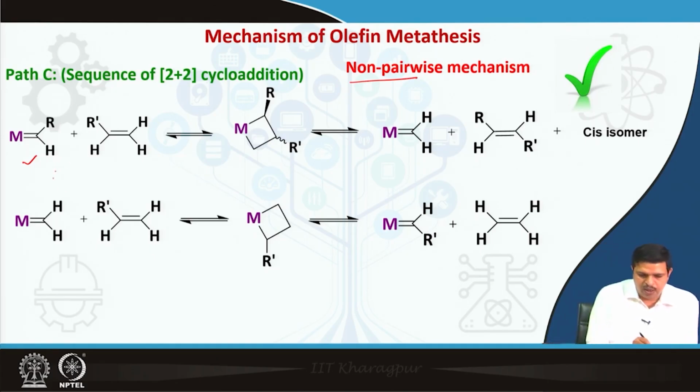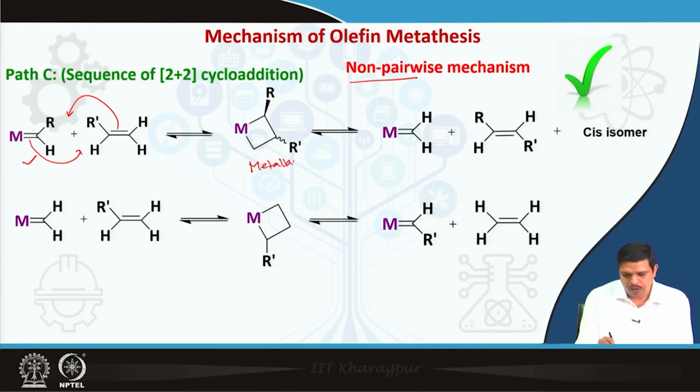This is the reaction we already discussed in the previous classes. So it forms a metallocyclobutane, and this is an intermediate.